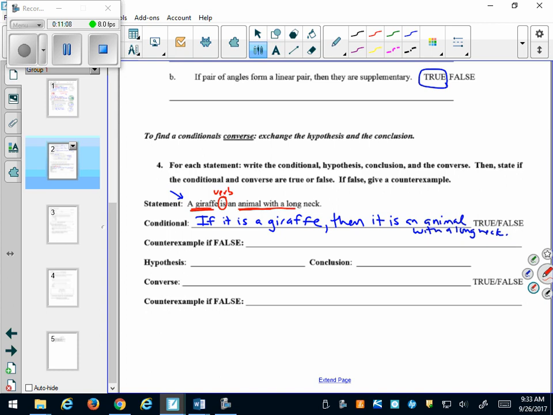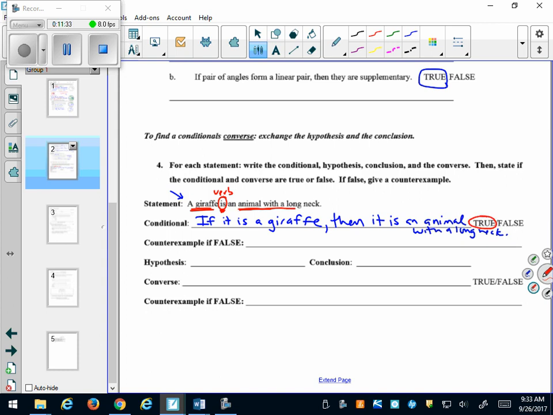So you don't want to say, if a giraffe is an animal, then it has a long neck. That's not going to be correct. You're going to say, find that verb and split it. If it is a giraffe, then it is an animal with a long neck. Okay? This actually is true. Right? Giraffes have long necks.